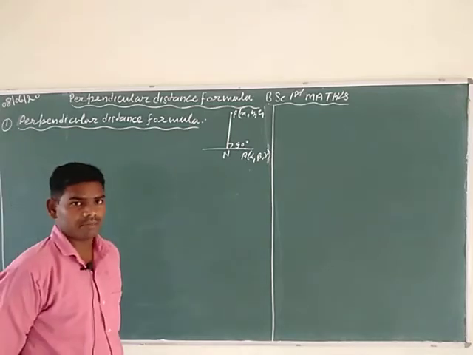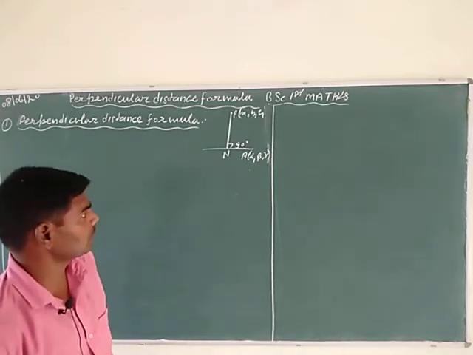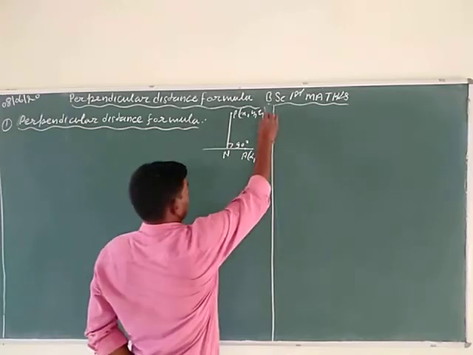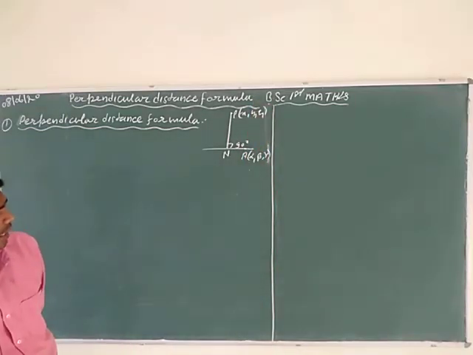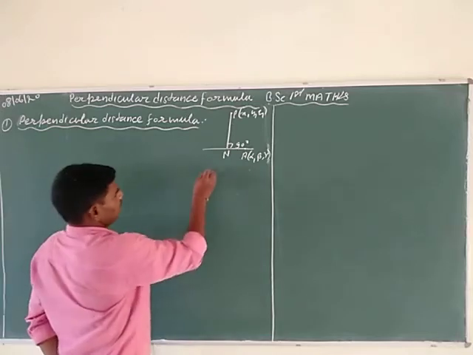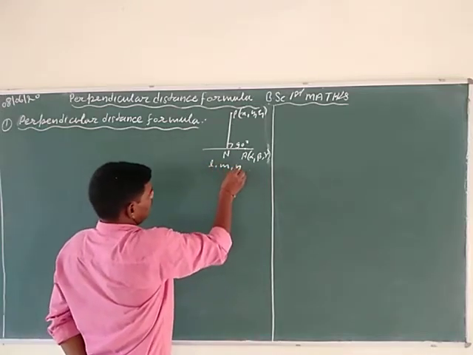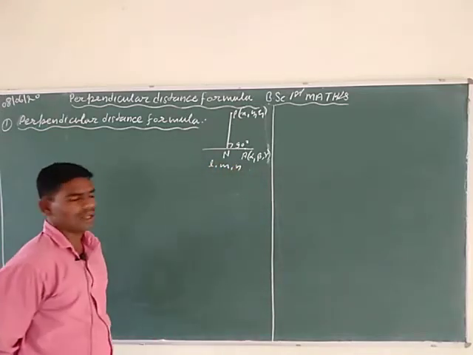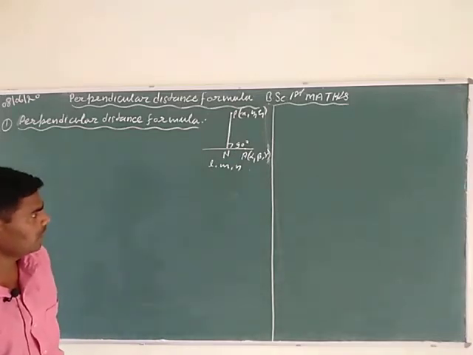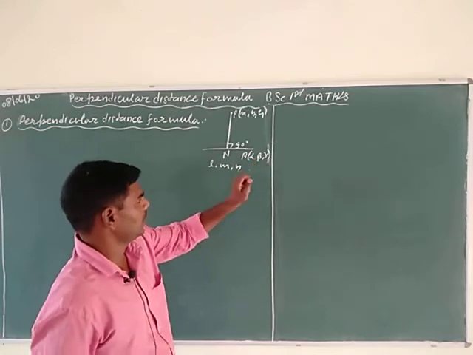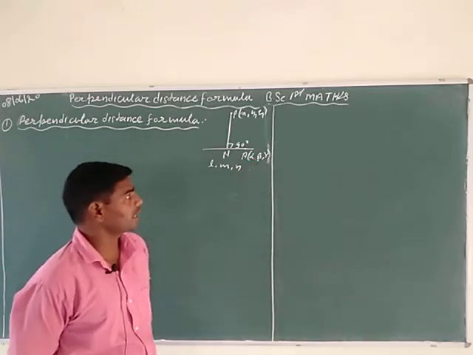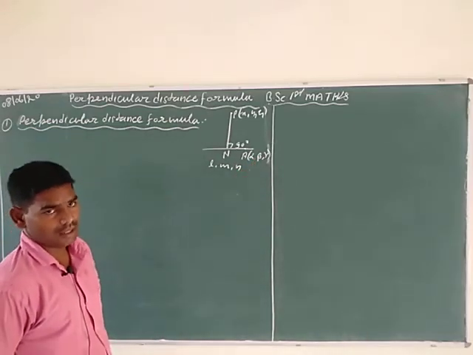consider a point capital P whose coordinates are x1, y1, z1, and given a line whose direction cosines are L, M, N, and a point on the line is capital A whose coordinates are alpha, beta, and gamma. Then draw a perpendicular line from point capital P to the given line.